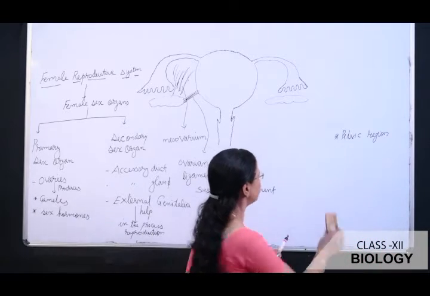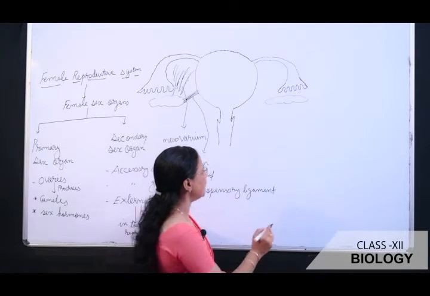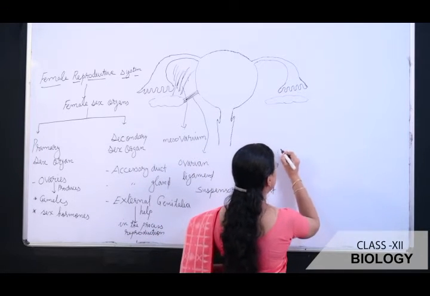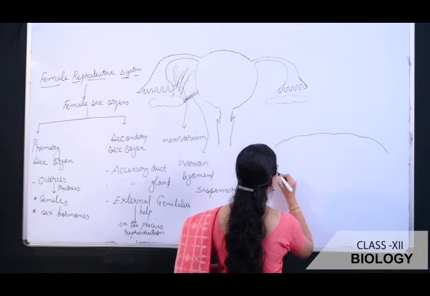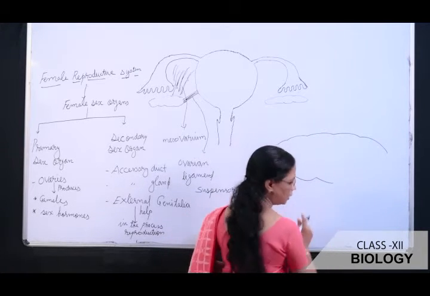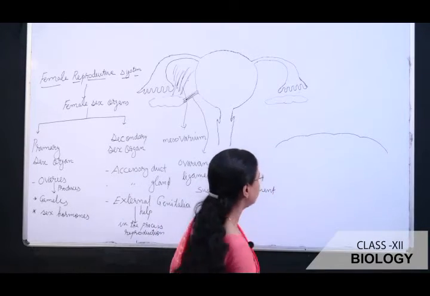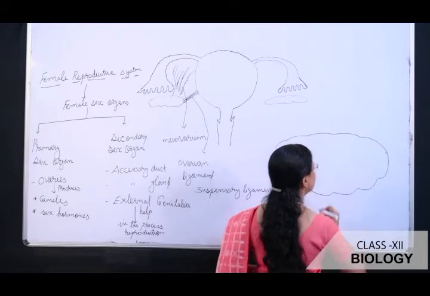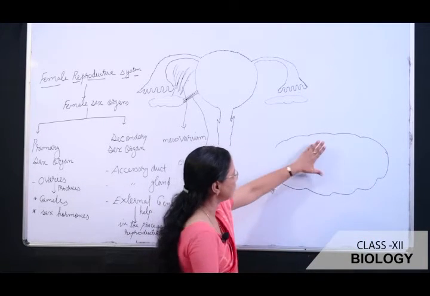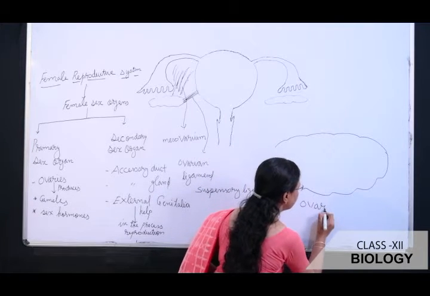Ovary is a solid structure which is made up of connective tissue. Let me make an enlarged view of the ovary. So this region is totally covered by a tissue called connective tissue.